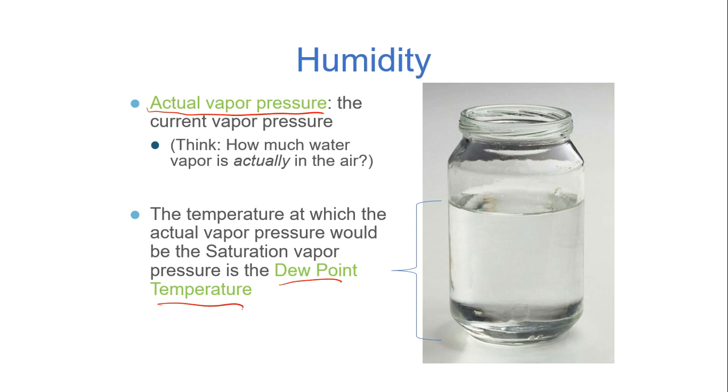The basic idea of the dew point temperature is if you take the temperature and decrease it, in other words, decrease the size of this jar, until the size of the jar matches the amount of water we have, that is the saturation. The air would be saturated at that point based on the current amount of water in the air, and dew would start to form. So this is the dew point temperature.